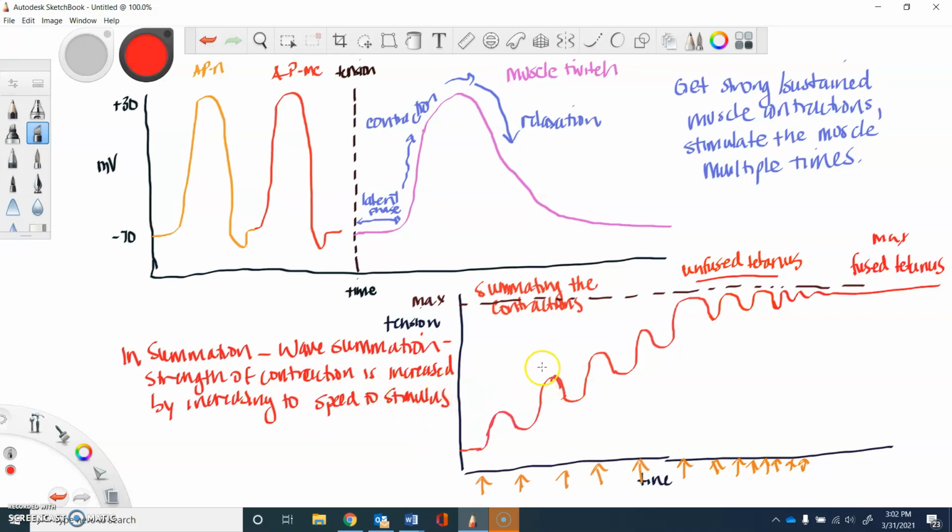So we're summating the stimulus. We are stimulating it over and over and over, and we're doing it faster and faster and faster. And that is going to increase tension. Okay, here's tension going up. Again, that process is called wave summation.